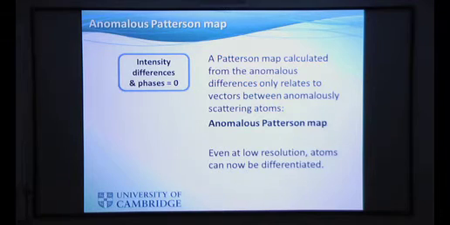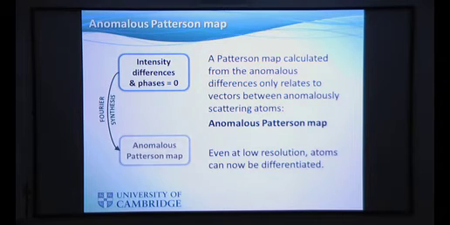However, we can now calculate again a Patterson map, which is called an anomalous Patterson map because it's based on the intensity differences from the anomalous scatterers. And even at a low resolution, atoms can now be differentiated because, if you think of it, you have only a few atoms in the structure which are anomalous scatterers, which at this wavelength where you measured have a strong anomalous effect.